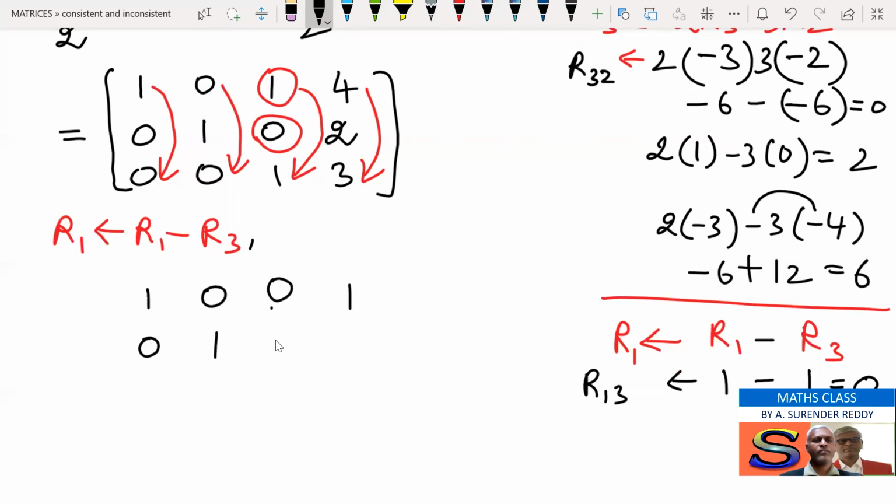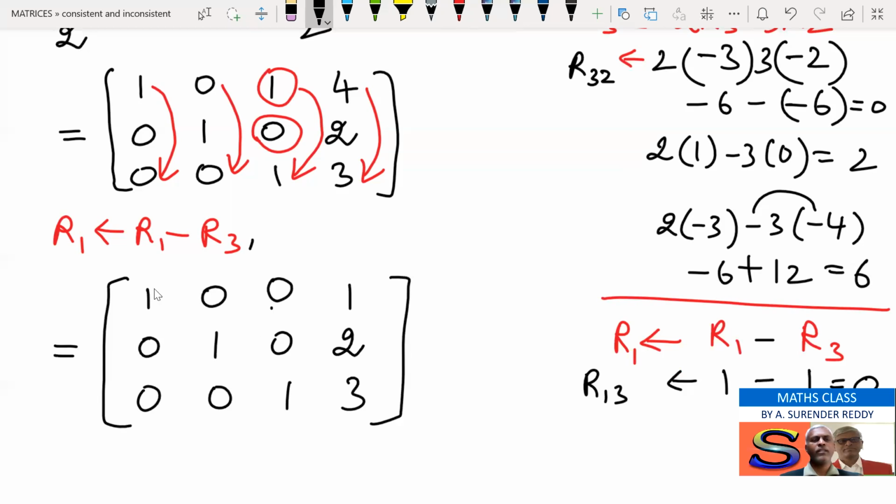0 1 0 2, and this also 0 0 1 3 as it is. Now it is in the final form, where the 3 by 3 part is in the form of a unit matrix. So 1 represents x: taking the first row, x is equal to 1.